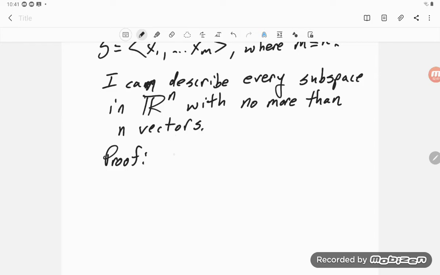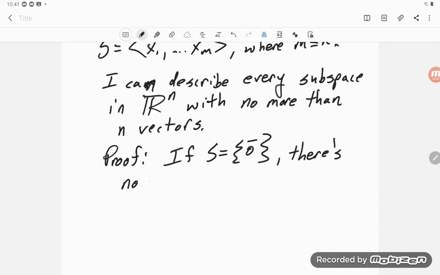They say if S is just the 0 vector, there's nothing to do. In other words, they take x1 as the 0 vector, and there they've described it, and that's one vector.